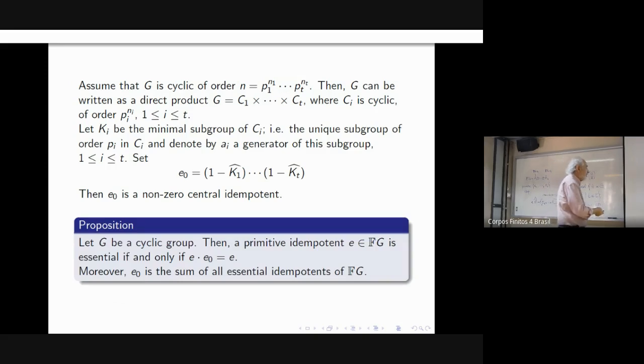This is a way to construct an idempotent which is the sum of all the essentials. This is the important thing. There is this E0, which is the sum of all the essentials, and you can show that in the cyclic case, this E0 is never zero.